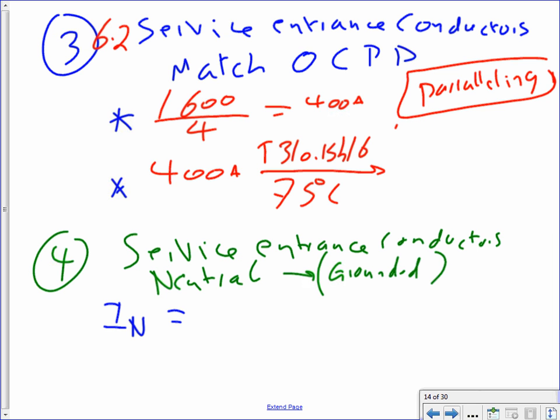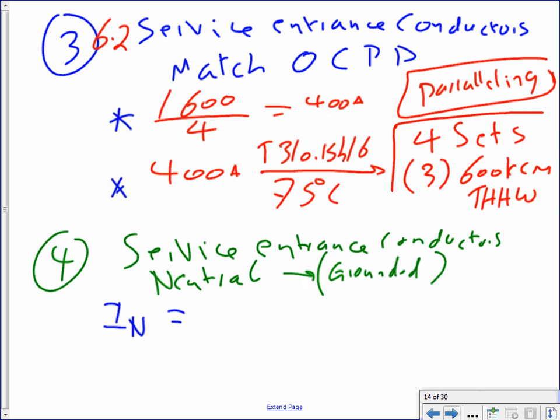Everybody knows why we're paralleling, because we can't carry them. So I have 4 sets. Each set is going to have 3 conductors, because 3 phase, 600 kcmil THHW. Why the W, not the N? Because if it's service conductor, most likely it's coming from outside. Outside is a wet location, almost always.